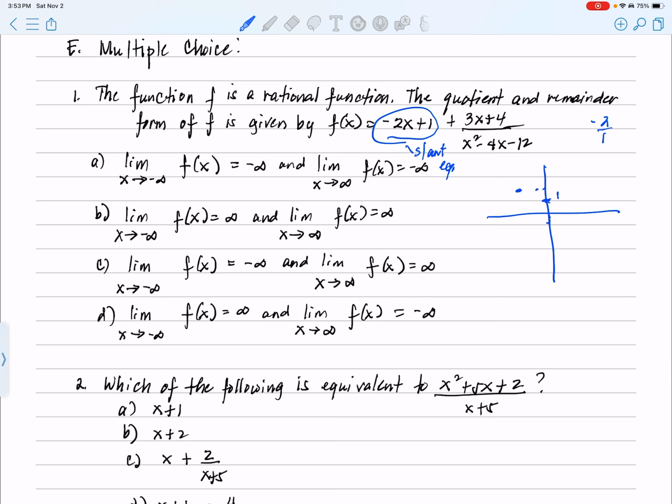So we can have our equation, I mean the line, for the slant.